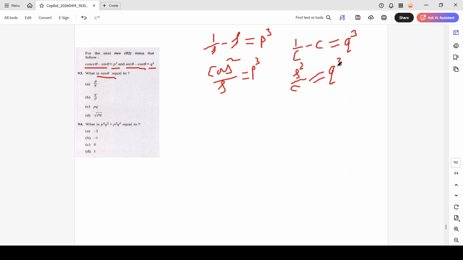And if I divide p cube by q cube, what is p cube? S square upon c. What is q cube? C square upon s. And I see then s cube upon c cube.